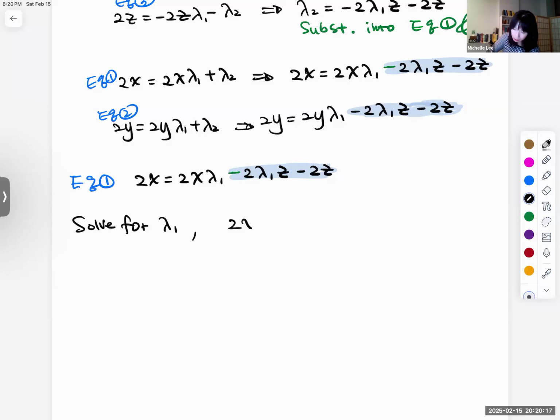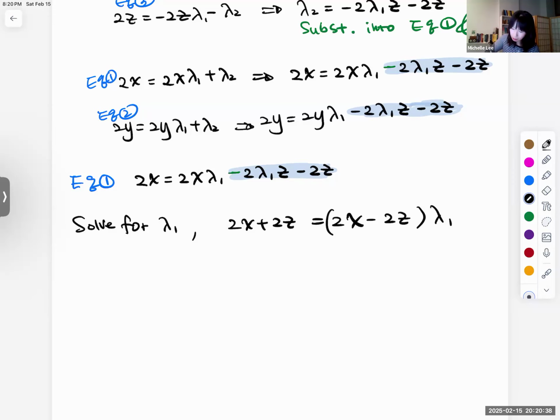So we have 2x plus 2z equal to 2x lambda 1 minus 2z lambda 1. Let's factor out because we want to solve for lambda. Let's divide every term by 2.